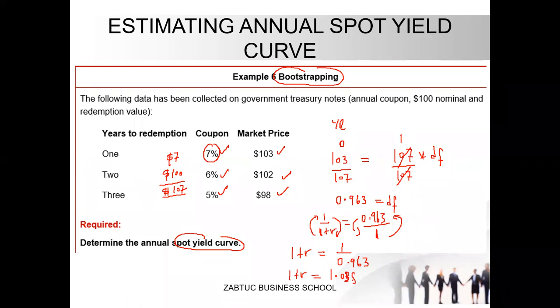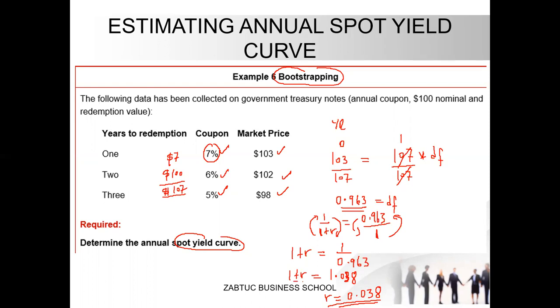So what is the R then? You take this one on this side. So your R is what? 0.038, or 3.8%.